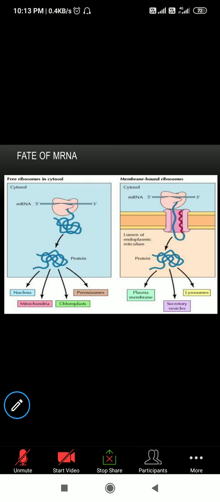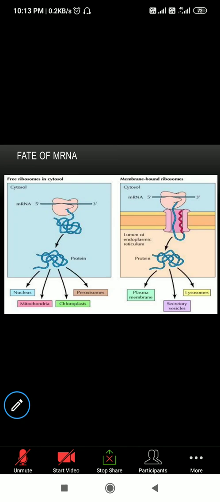The whole structure, ribosomes along with the mRNA, is called polysomes. These are then translated on the ribosomes present on the surface of the endoplasmic reticulum, and then sent into the lumen of the endoplasmic reticulum for post translation modifications.